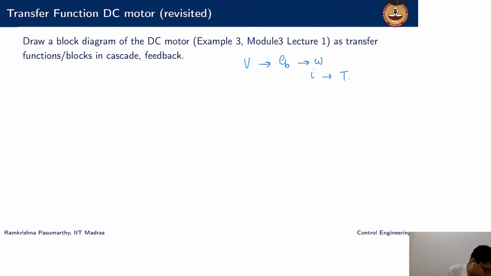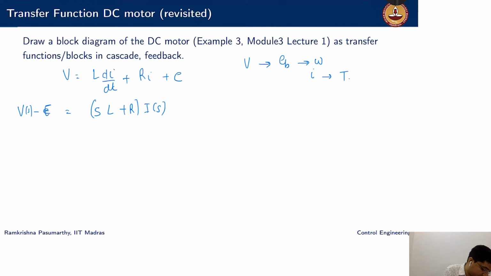So first, V was equal to L di by dt plus R times I plus the back EMF. So I can write this as V minus E, let me write in the Laplace domain, as (sL plus R) times I of S. So all this here is in the Laplace domain.